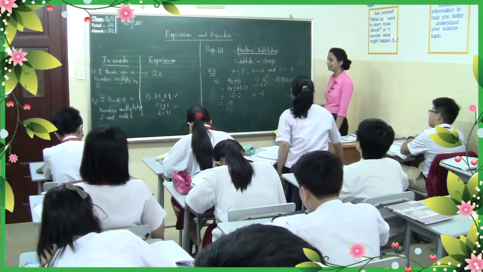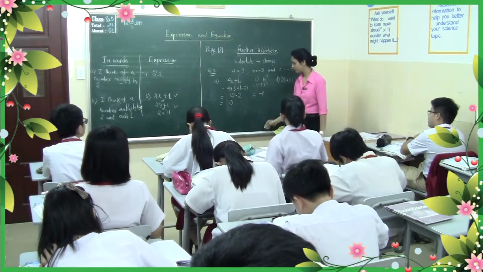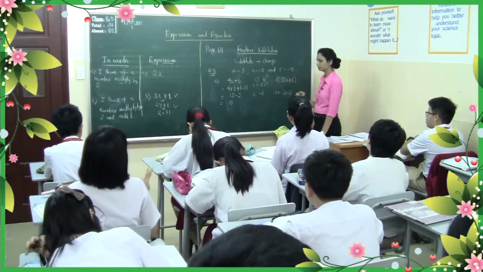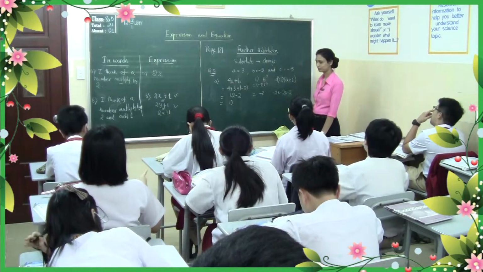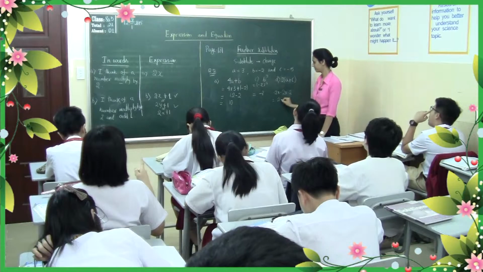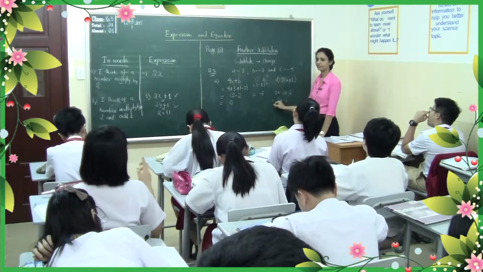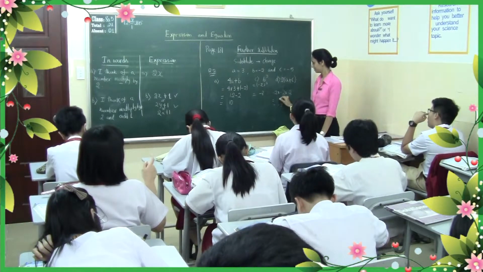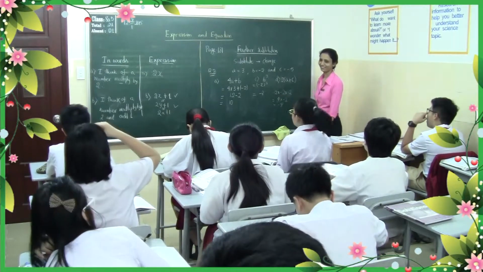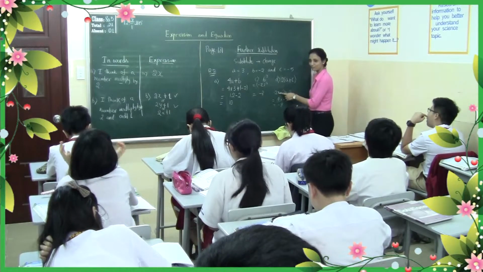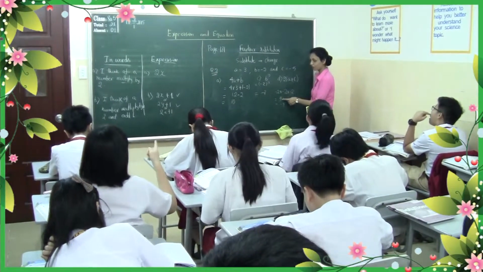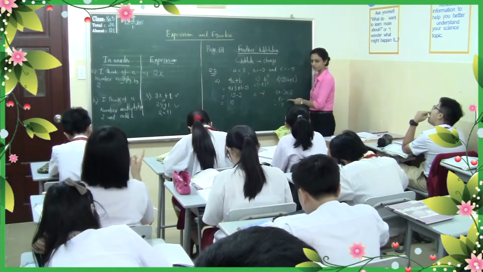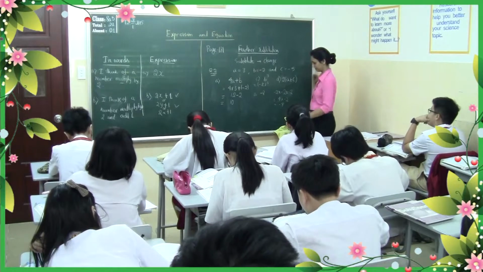Why does it not become minus 2 times minus 2 times minus 2? 2 times minus 2 times minus 2 is going to be 4, and 4 times minus 2 is going to be minus 8.